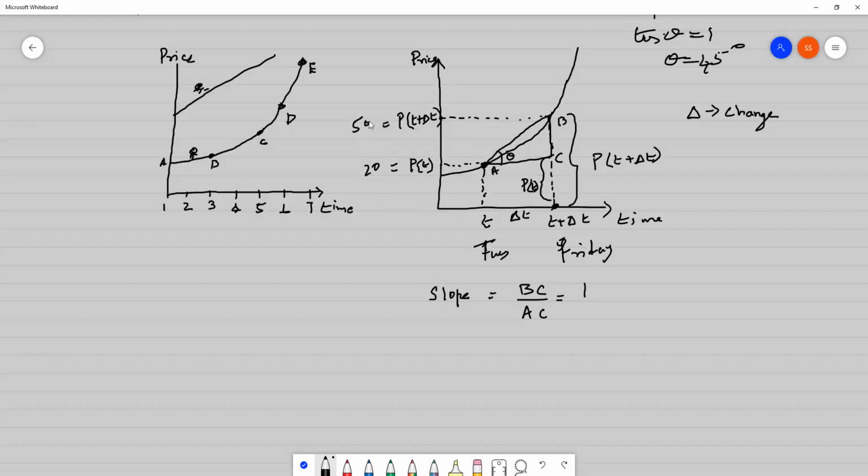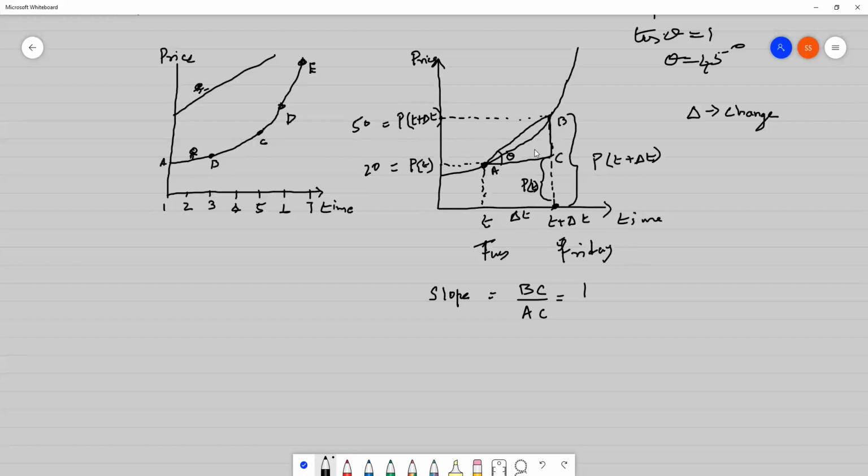Instead of giving numbers, I am trying to write it as a function. This is the price on Tuesday and this is the price on Friday. So what is the increase in price from Tuesday to Friday?